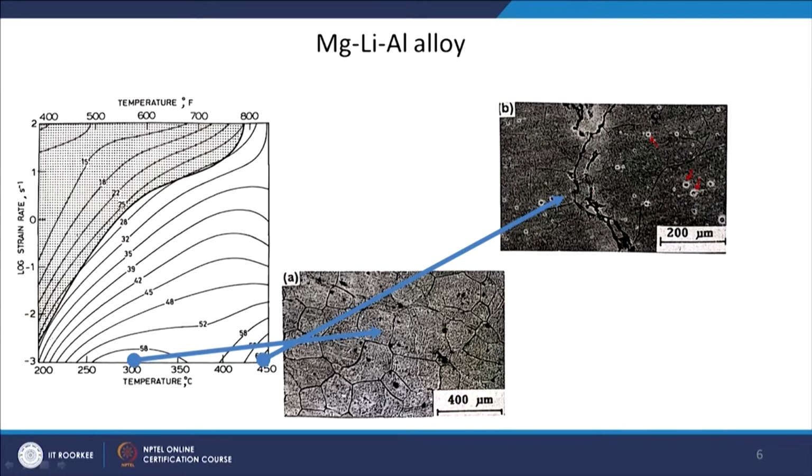And maybe some wedge cracking must also have taken place. So, the idea here is, though it does not show an unstable region and in fact shows a very high efficiency region, you can still get defects in the material.